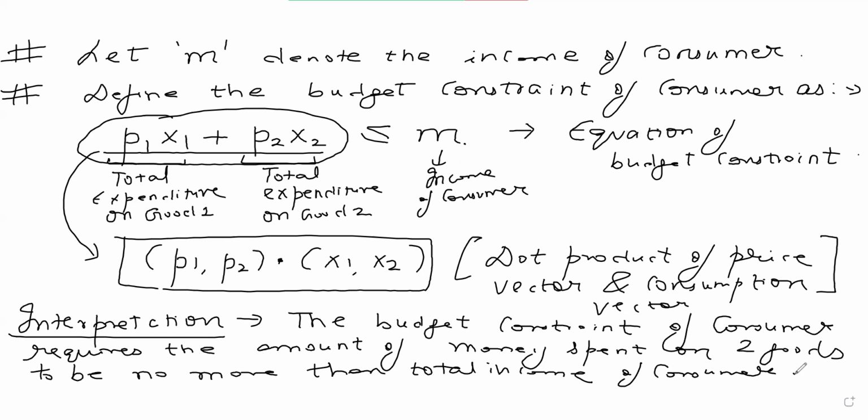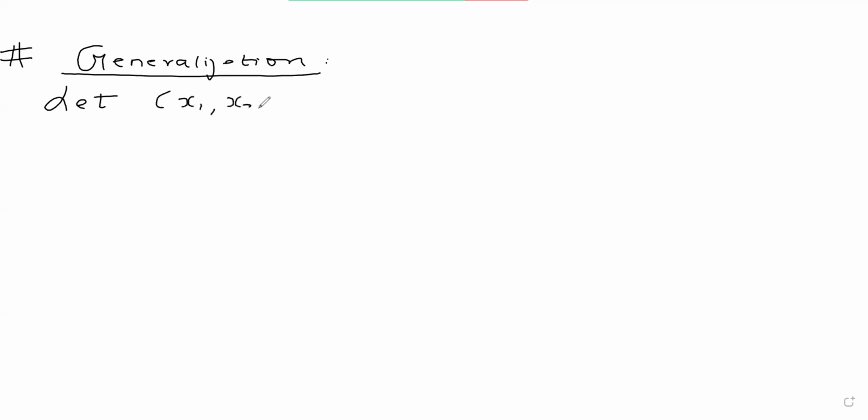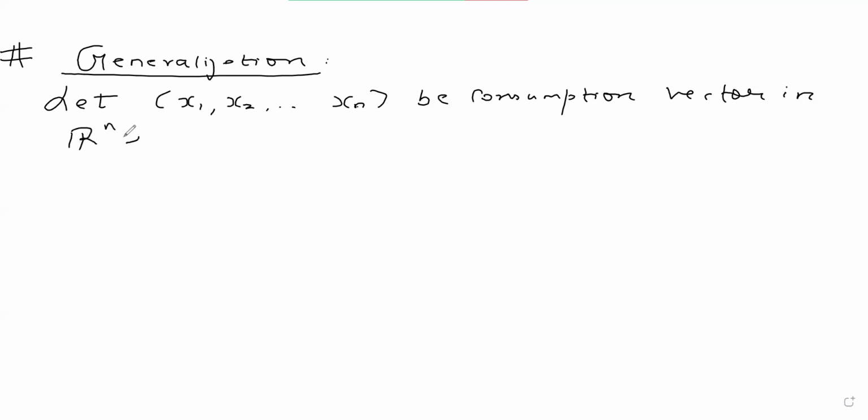Okay, so now let's generalize it. So if I now generalize it, I can write the generalization. So let (x1, x2, ..., xn) be the consumption vector in the Rn space, and let (P1, P2, ..., Pn).